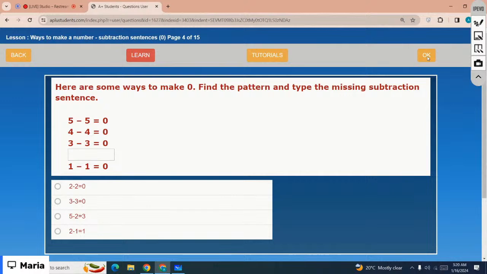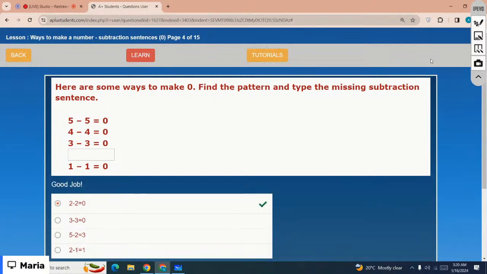Hi. Yes, that is 4 take away 4 is, but 4 take away 4 is already here. The number between 3 and 1 is, yes, that is 2 take away 2 equals 0. The correct option is 2 take away 2 is 0.